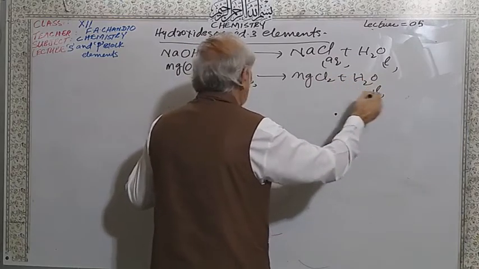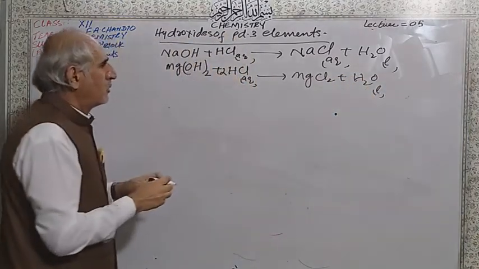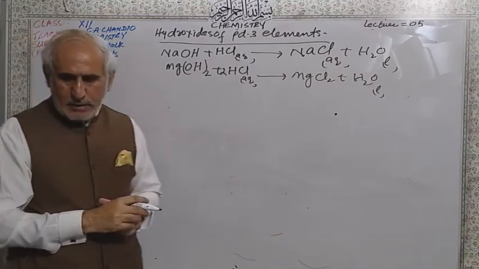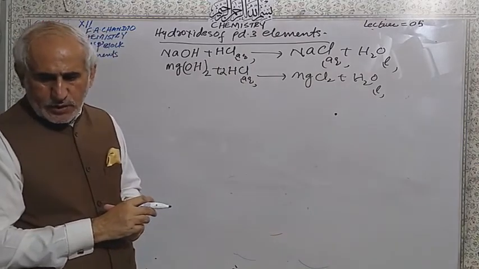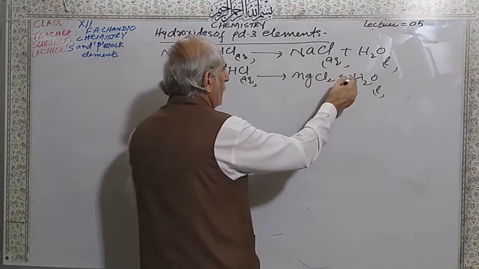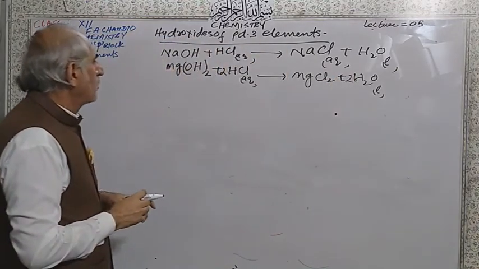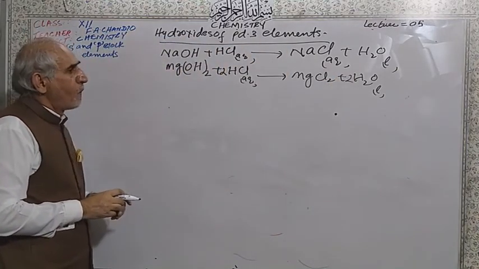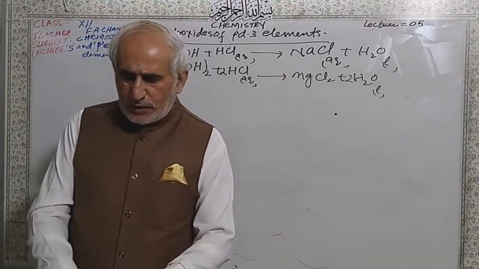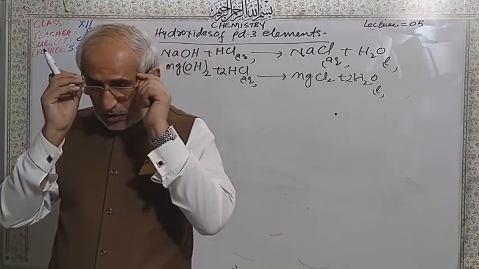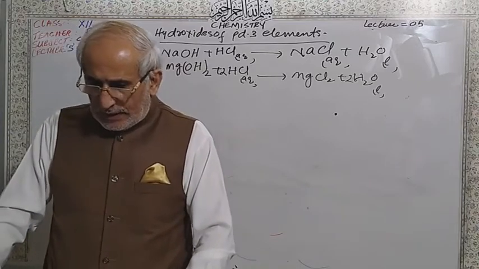These are ionic compounds, sodium hydroxide and, in the same group, potassium hydroxide, and magnesium hydroxide also. They react with acids to form salt and water, a neutralization chemical reaction.